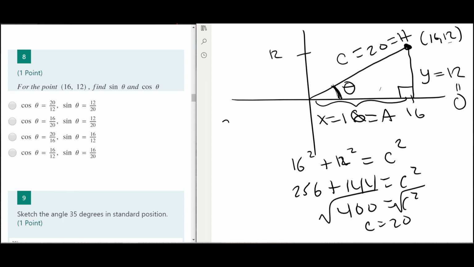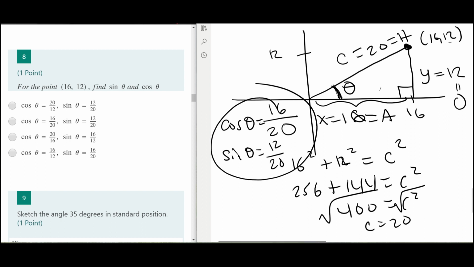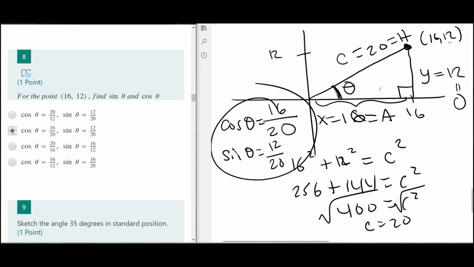All right, so cosine of theta is adjacent, which is x, over hypotenuse, which is 20. So that's my cosine. My sine is opposite, which is 12, over hypotenuse, which is 20. And that's how you do it. So we got 16 over 20 and 12 over 20.